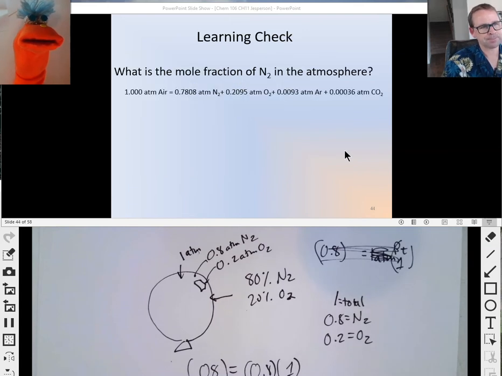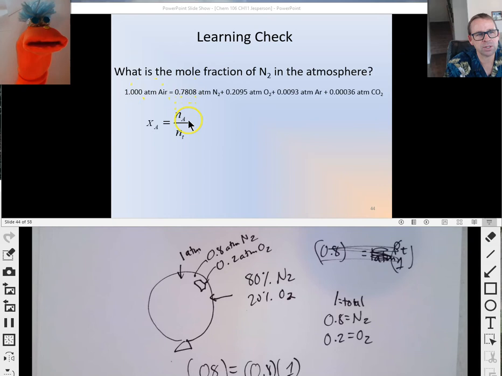Let's do some of these. What's the mole fraction of nitrogen gas in the atmosphere if, this is our atmosphere, 0.78 atmospheres of nitrogen, 0.2095 atmospheres of oxygen, 0.00093 atmospheres of argon, and this small value of atmospheres of carbon dioxide? Well, the mole fraction is equivalent to its partial pressure if we just have 1 atmosphere of air.